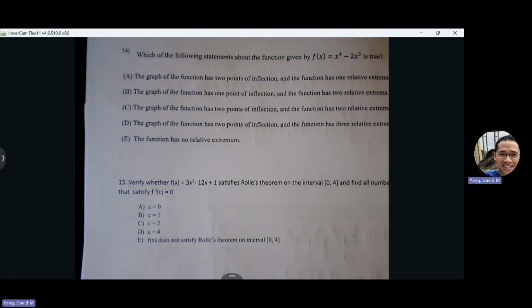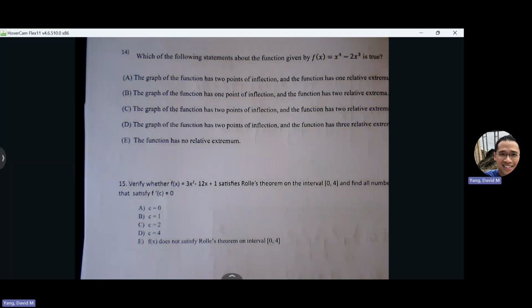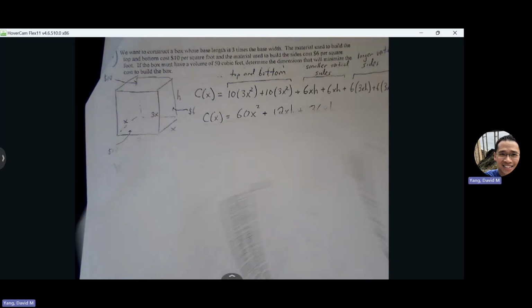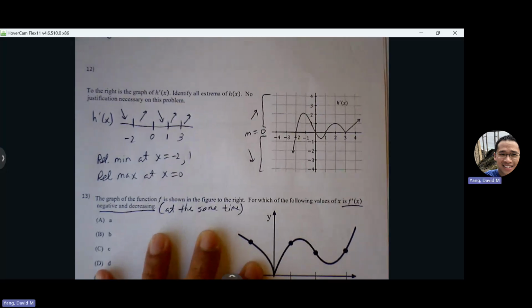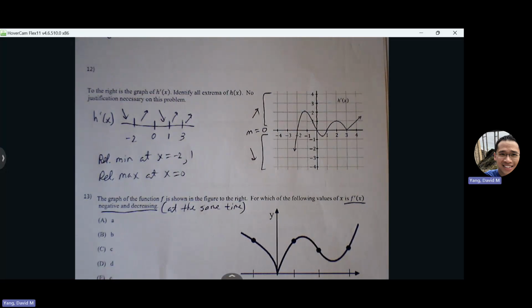So for 13, where f prime is negative and decreasing, so f prime negative, that means, well, first of all, this is the original function graph. So f prime negative means we want negative slope and where the slope is decreasing. So where my graph is experiencing concave down as well.